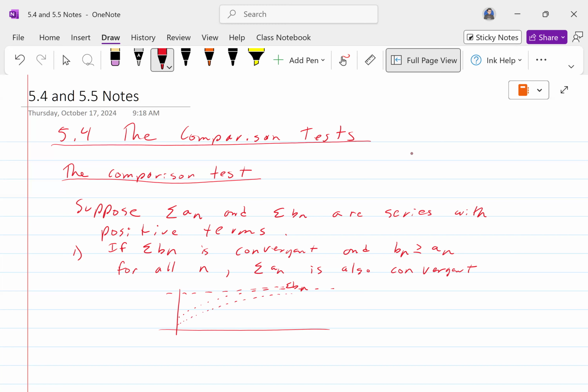They may not converge to the same thing, but it must converge. If this is B sub n and this is A sub n, then it's bounded. If B sub n is bounded and those A sub n terms are always smaller, then A sub n is also bounded.